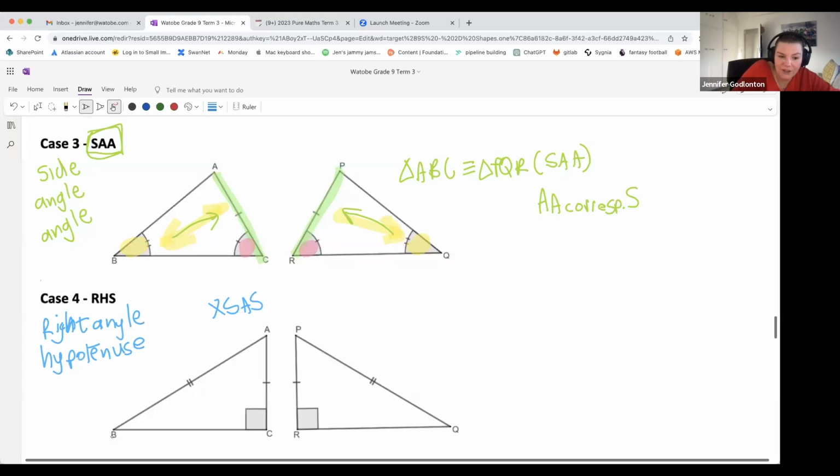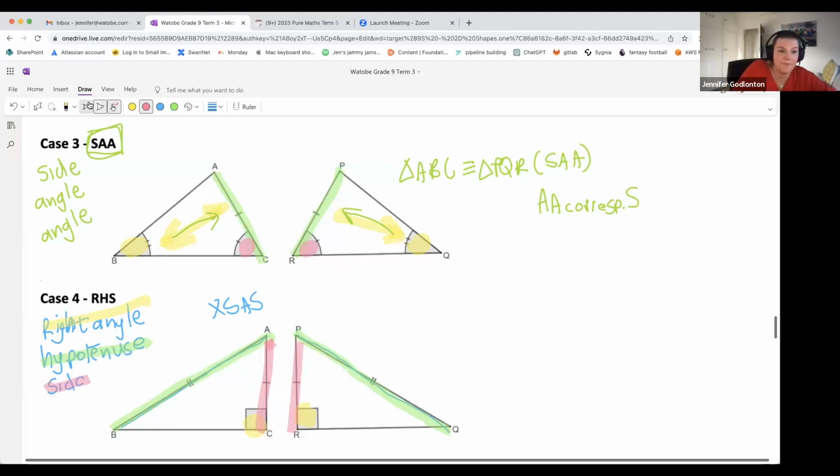Okay, the hypotenuse is the longest side of a right angle triangle. That is our hypotenuse. And then the S just stands for another side. So we need to have a right angle. We need to have a hypotenuse, which is the longest side of a right angle triangle, and I know you know what that is because you've done Pythagoras with Miss Katz. And then just another side.